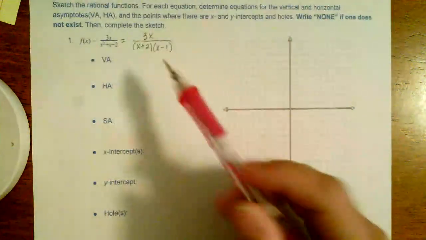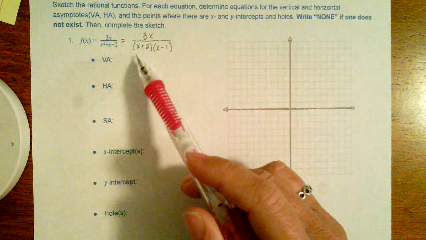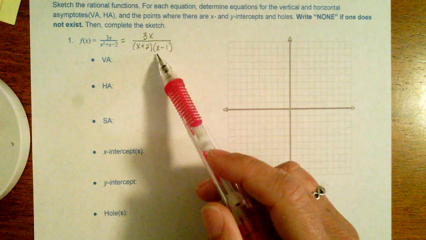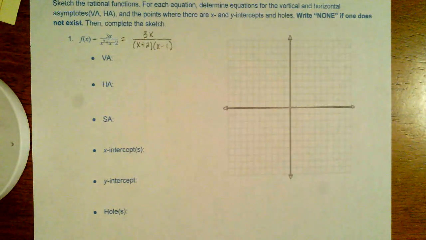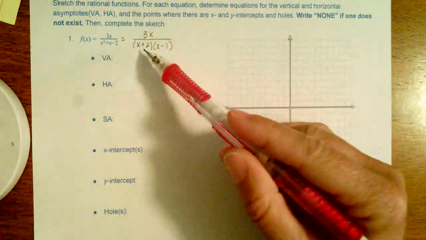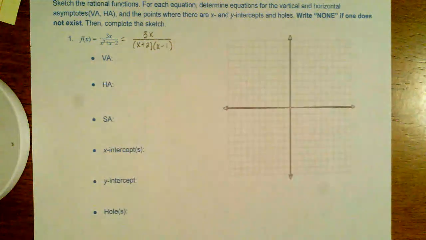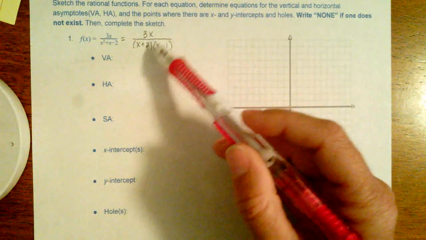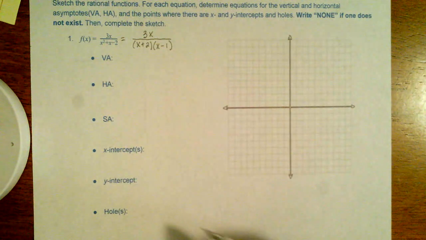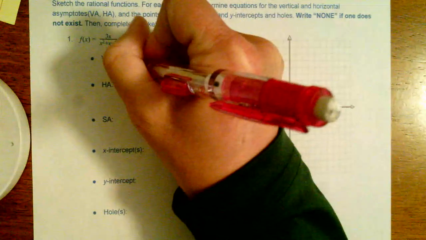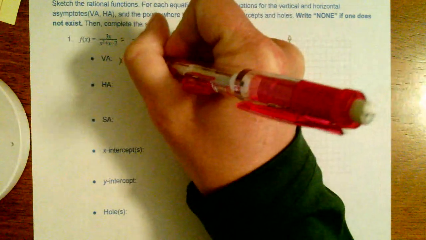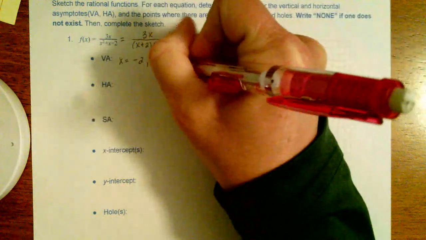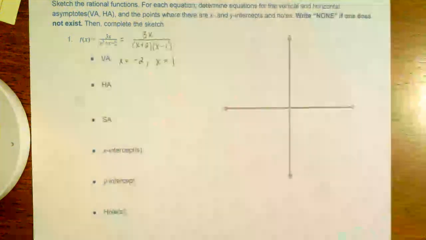So now I have the expression 3x over x plus 2 times x minus 1. I can see that each of these factors is going to cause a vertical asymptote because it doesn't have a matching factor in the numerator. So I'm going to have a vertical asymptote at x equals -2 and again at x equals 1.